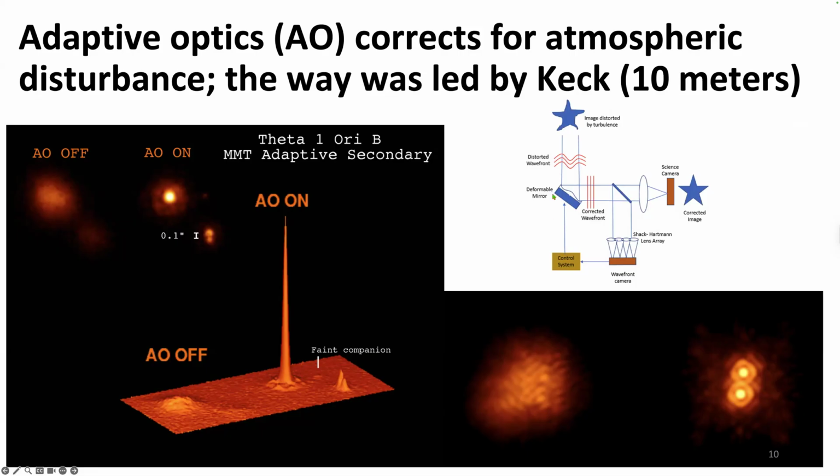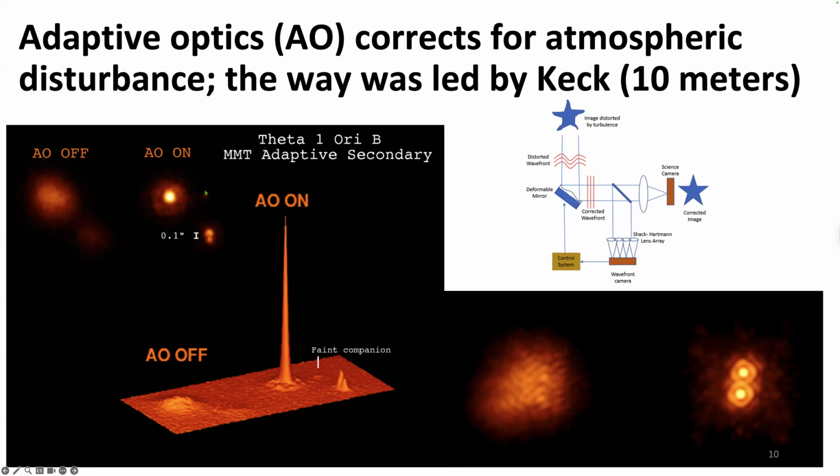It's under computer control. It has little pistons behind it that change its shape to accommodate the distortion detected by looking at a reference star, a star that is jiggling and is bright, which allows you to control the pizza pan to look at a dim object.